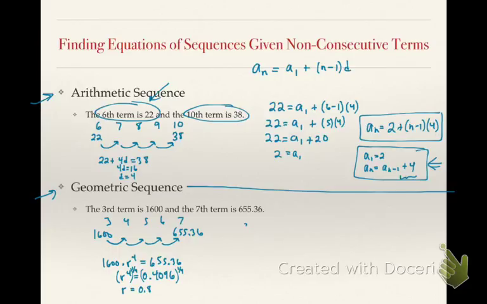So the 1600, which is the third term, must be equal to whatever the first term is, times the common ratio, which we just found is 0.8, raised to the 3 minus 1, because of the third term. So 1600 is equal to a1 times 0.8 to the second power.